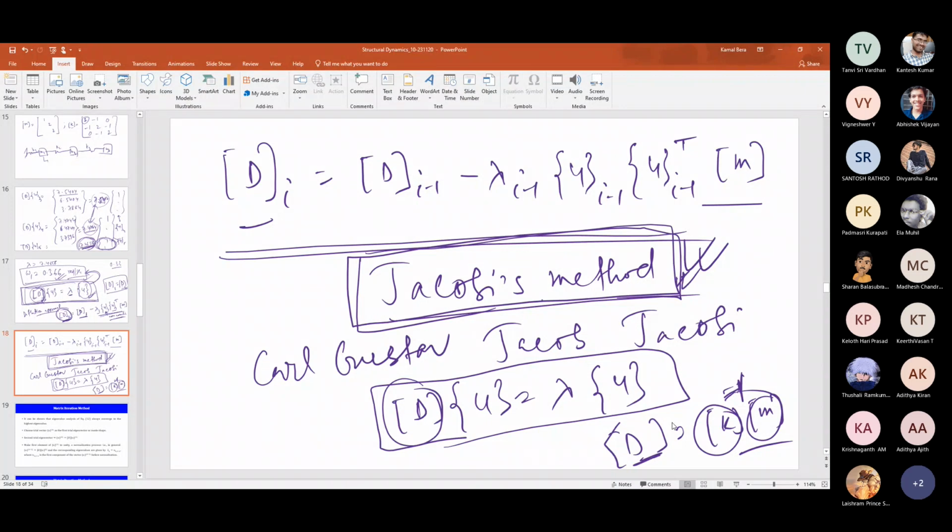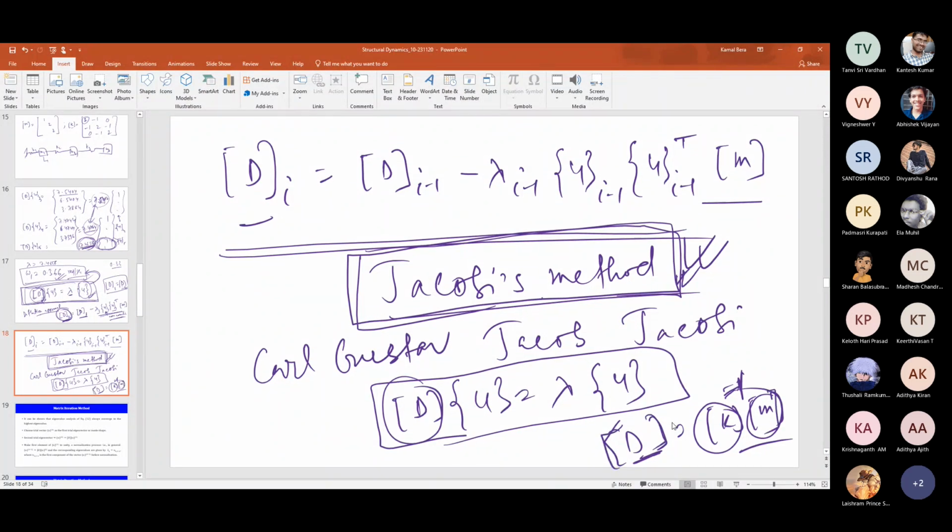Finally you can convert this D matrix to a symmetric matrix, and once you have a symmetric D matrix, then you can use it for the Jacobi method. Remember carefully, the D matrix has to be real symmetric to apply the Jacobi's method.